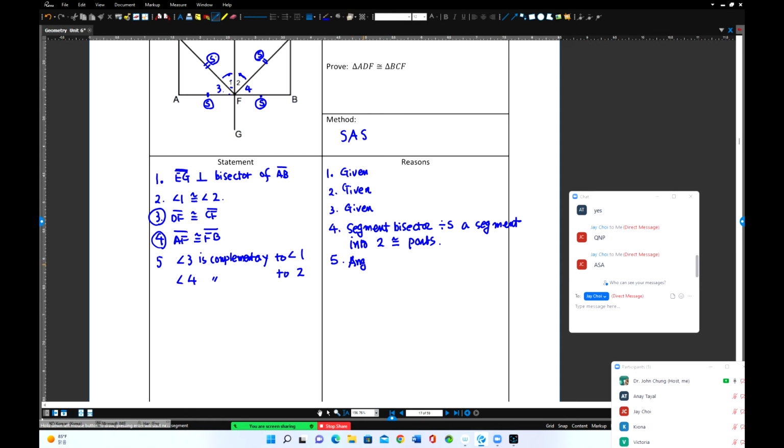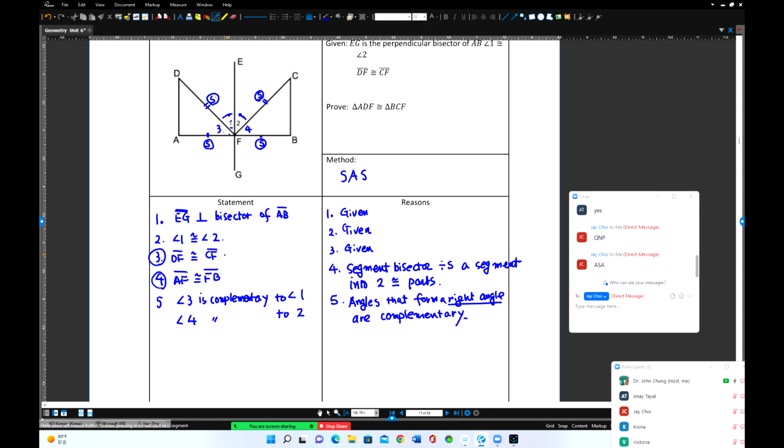Same as before: angles that form right angles. These angles are complementary because there is a right angle. That's what we said, complementary angles.